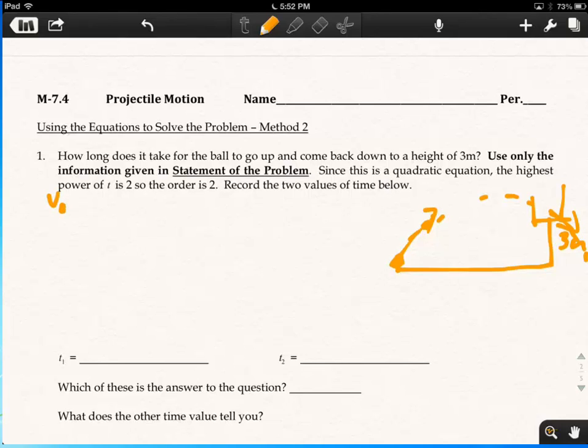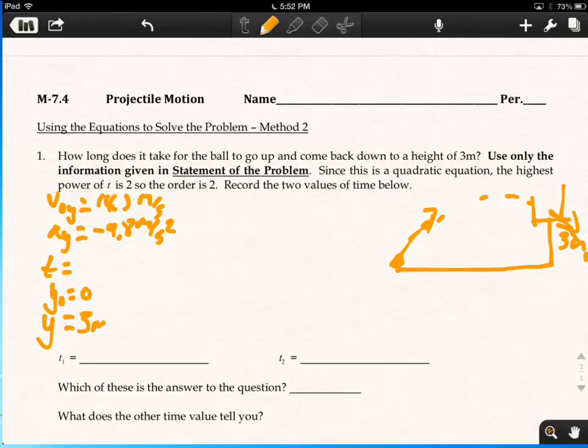Our v naught in y is 14.3 meters per second. Our acceleration in y is negative 9.8 meters per second squared. Our time is what we're looking for, and there are going to be two answers. Our initial position in y is 0, and our final position in y is 3 meters, because we want to know when it actually gets to 3 meters.